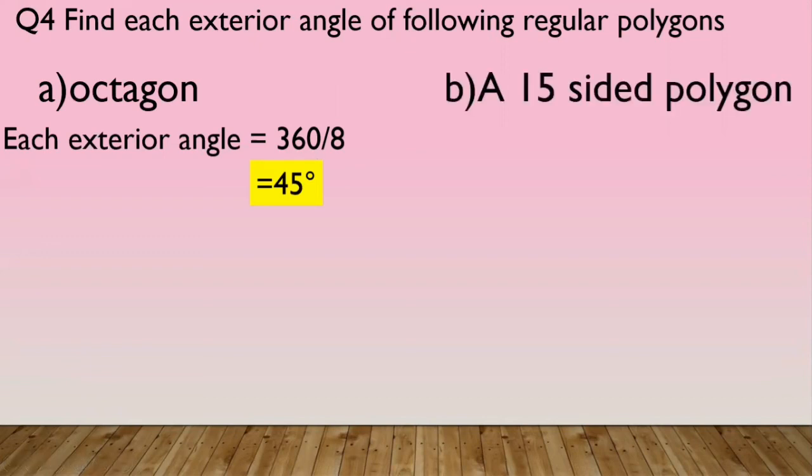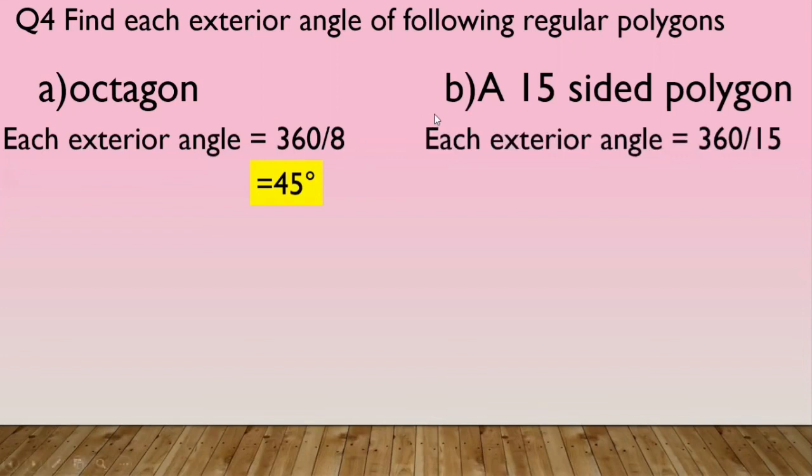A 15-sided polygon. Check your answer. Each exterior angle for a 15-sided polygon will be 360 divided by 15, which is 24 degrees. Got it? If it is a regular polygon, find the size of each exterior angle by just dividing 360 by the number of sides.